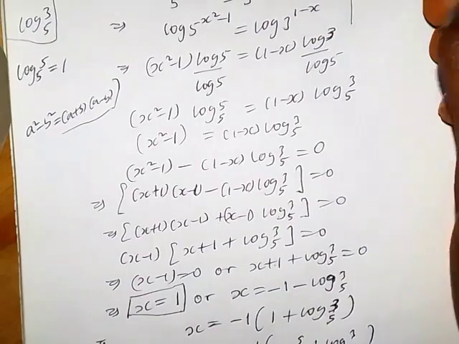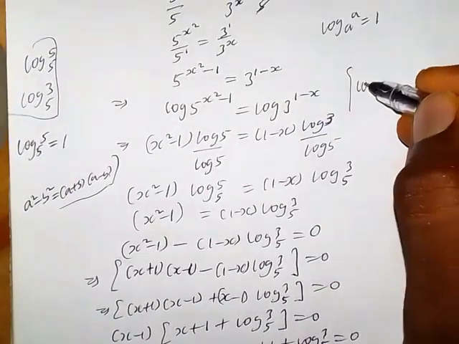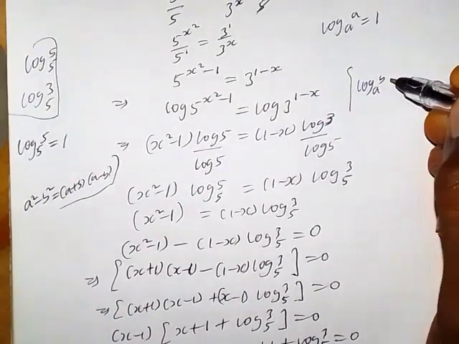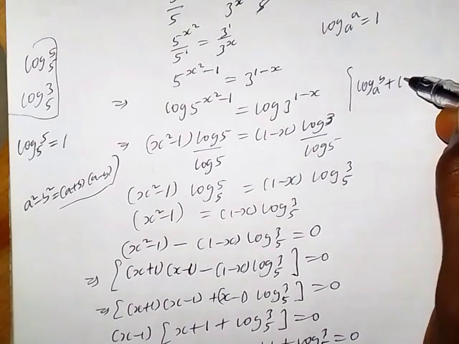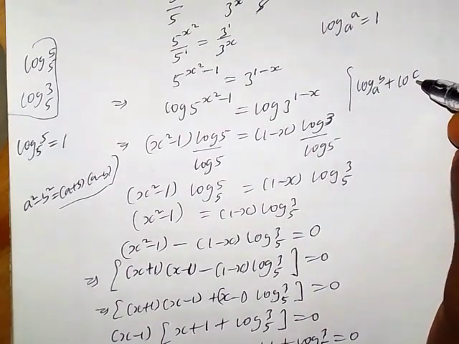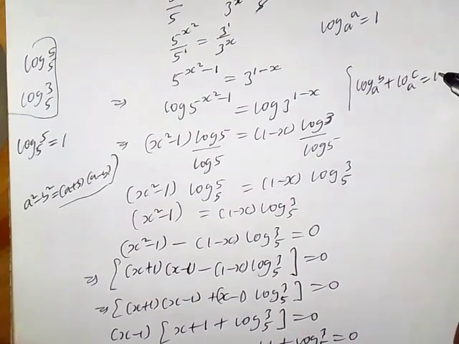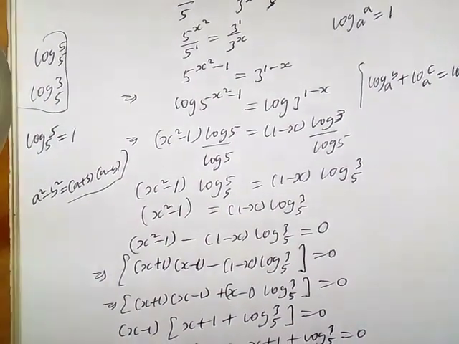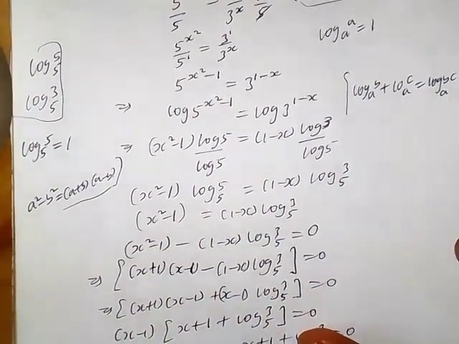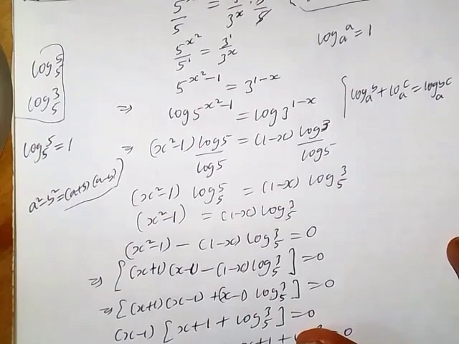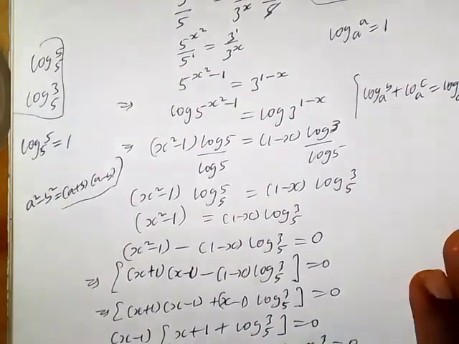When we have, let's say, log b base a plus log c base a, when the bases are the same, it's the same thing as writing log bc base a. So we are going to utilize it here.